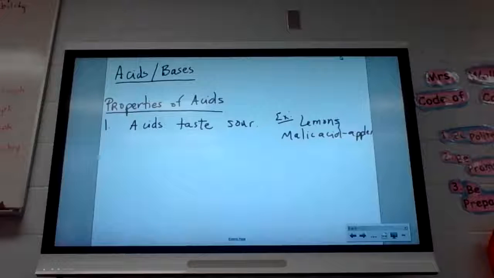Citric acid is in lemons. There are others we can talk about. Acetic acid is in vinegar. Lactic acid is in milk. We could go on and on. Phosphoric acid is in soda. Of course, soda's going to taste very acidic because we put a lot of what in sodas? Sugar. So we mask the acid that's in sodas.